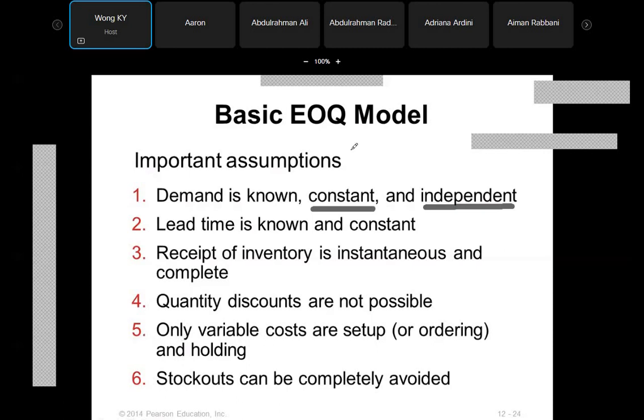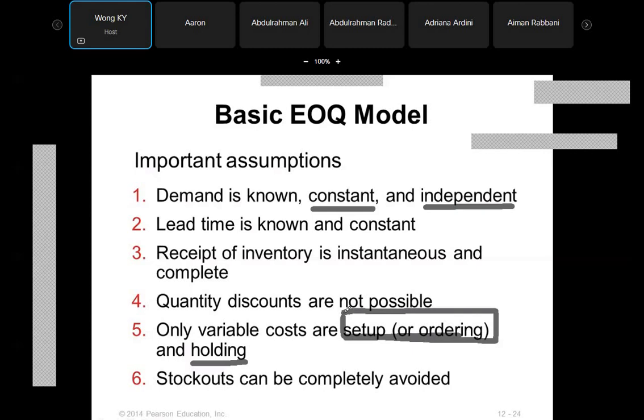And number 5, in the EOQ model, two costs will be considered. First is the setup or ordering cost. Second is the holding cost. I already explained that setup and ordering costs are actually the same thing, because either the company needs to set up the machine to manufacture the raw material in-house, or they purchase it from a supplier.